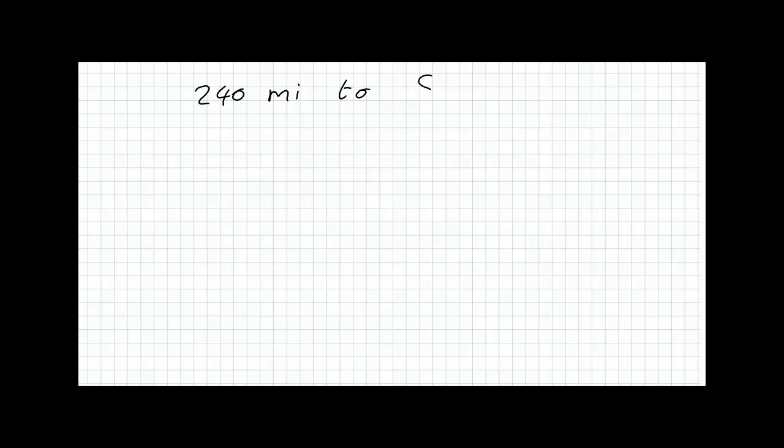Another example: sometimes you are given two quantities, but they are of different units, such as 240 miles to 8 gallons. So you are asked here to find the ratio in miles per gallon. And this is what we call the rate.